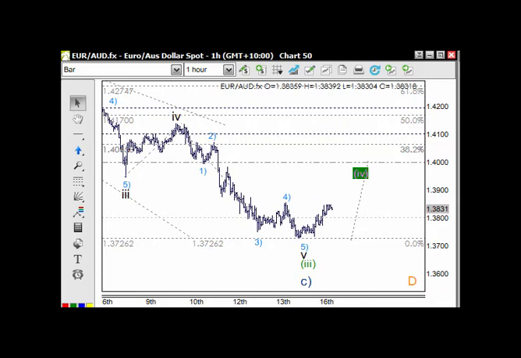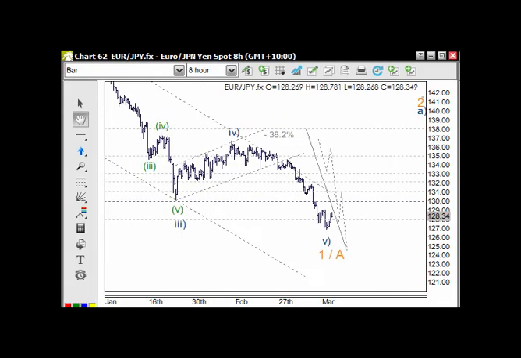The Euro Yen, once again, we're looking for a low here, and this was also difficult to count too. Not so much all of this down here, but all this top here. I wasn't sure where to take the first move down from, because the upside here is wave 4 never really completed.